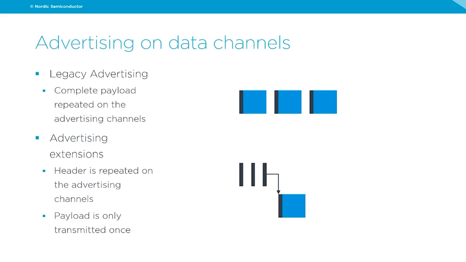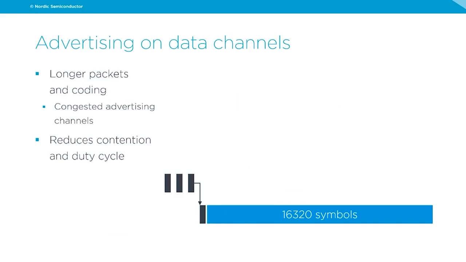I mentioned 40 channels used for Bluetooth Low Energy, 3 channels for advertising, and 37 channels for data. Now you can choose one of the 37 data channels to send actual data, and when we do that, we only occupy the advertising channel for the headers, and we send the data in the data channel. So on the advertising channels we only send the header, and the actual payload we send in the data channels. And why is this so important?